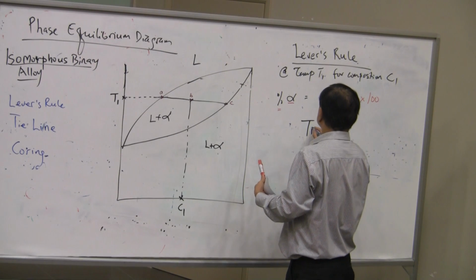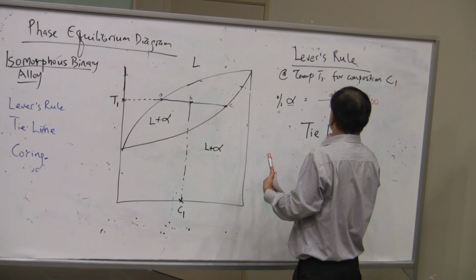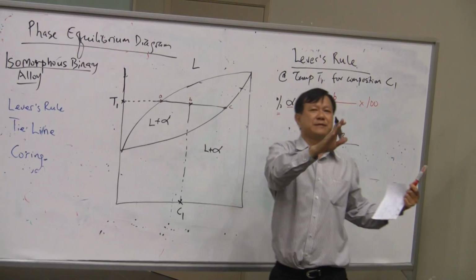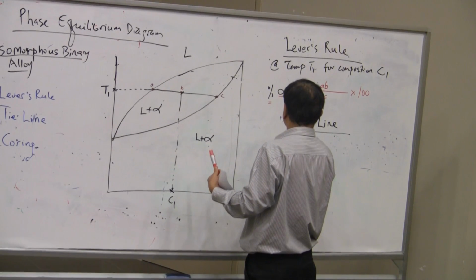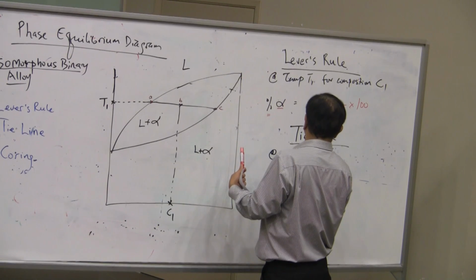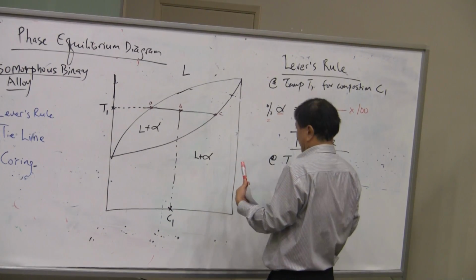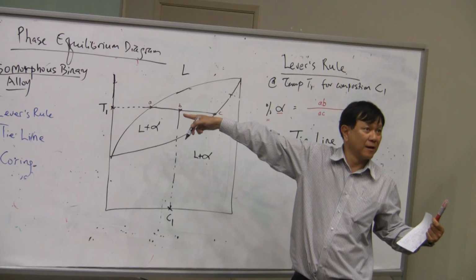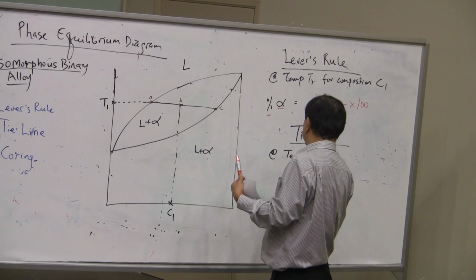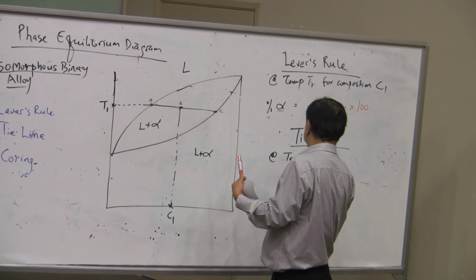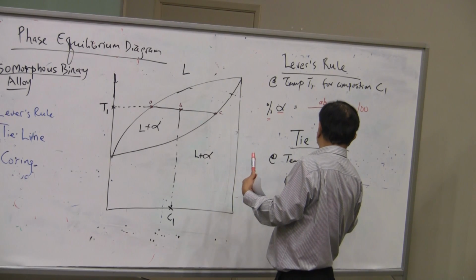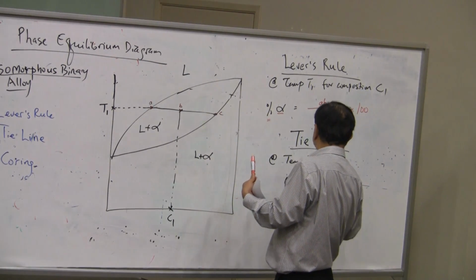Then the next one is the tie line. Okay? So this one here, very simple. It will tell you at temperature T1, what is the composition of alpha equal to what?